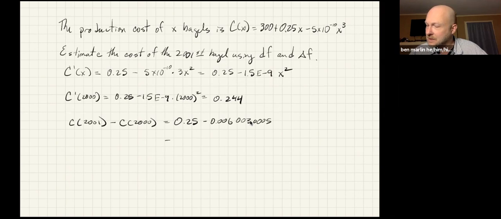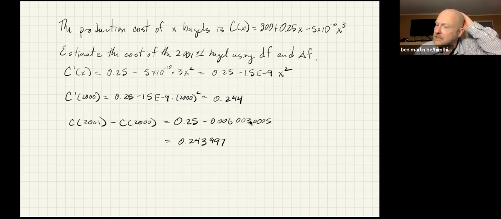So that's going to be approximately 0.243997. Okay, so as you see, it differs from our estimate in like the 6th digit past the decimal. So pretty good estimate. Okay.